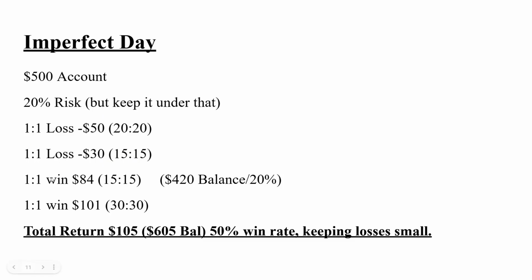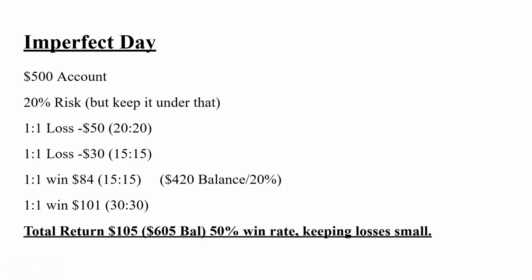But then you win the next two. Your balance is now at 420 because of these two losses here, but you're still risking 20%. And let's say you win this one on a different candle three, and then you take one more 1-to-1 on another candle three, or the same one, either way, it doesn't matter. But the point is this: you've lost 80 and you've won, was that 185? So your total return on that day, your balance went from 500 to 605.